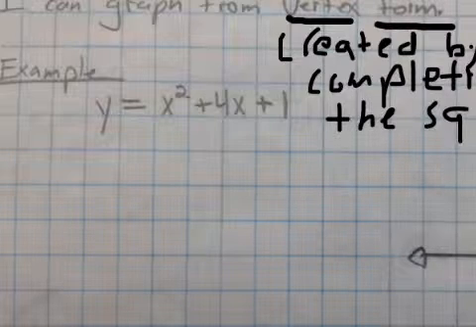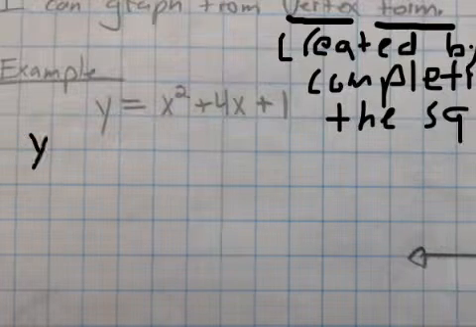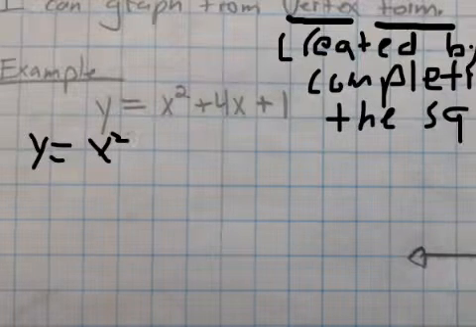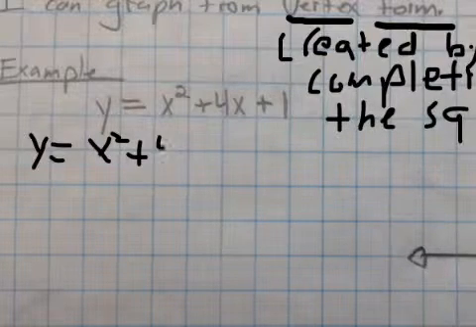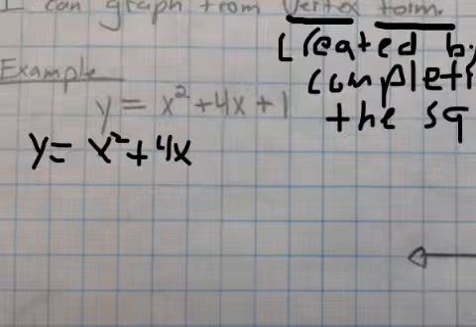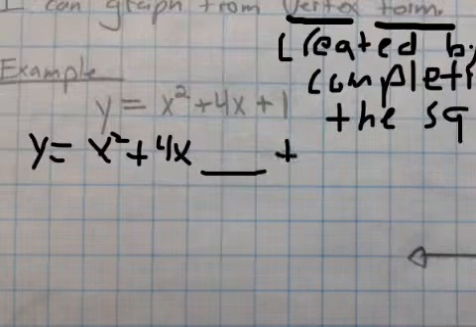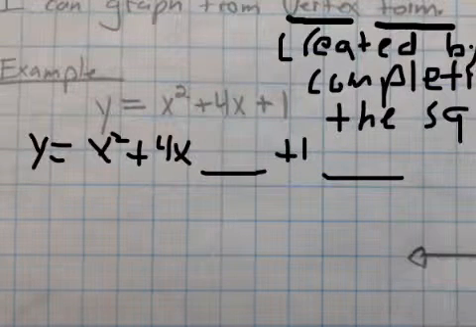So let's separate some things here. So we know that this is going to be y equals, and we're going to put the x squared plus 4x together, and then I'm going to leave a space. I'm going to put my plus 1, and then I have another space here, right? So completing the square, we're going to take that b.